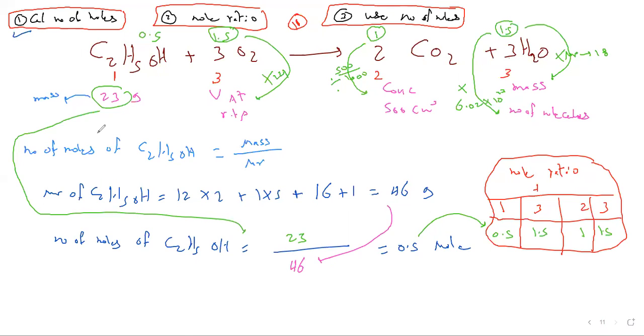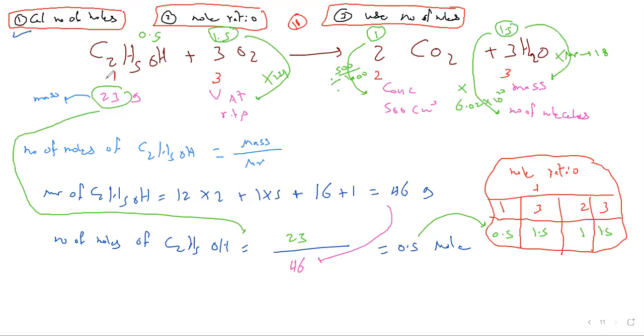At the beginning, we have mass, so the number of moles is equal to mass over MR. So we must calculate the MR of C2H5OH, which is equal to 46. So the number of moles is equal to mass 23 over molar mass 46, which is 0.5. This is to calculate the number of moles. Step number two, mole ratios.